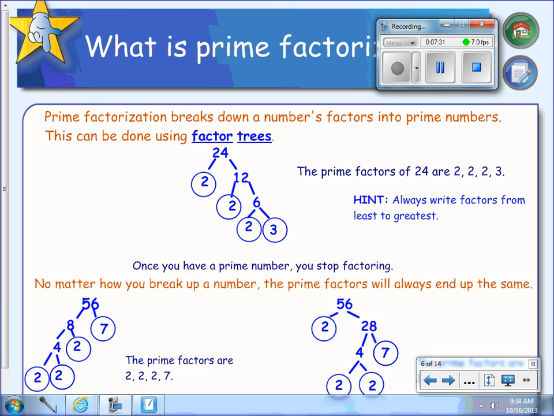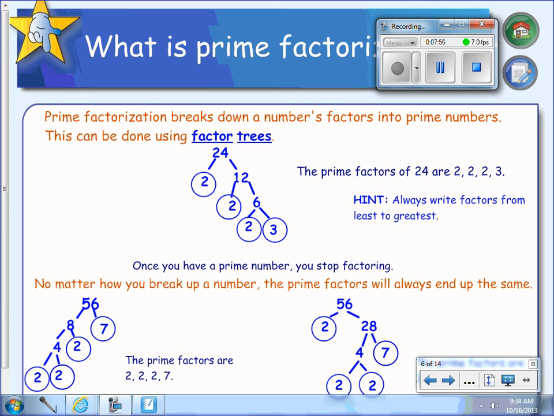So if you'll notice in 24, 2 times 12 is 24. I circled the 2 because it's a prime number. 12 is not a prime number, so I need to factor it out with prime numbers. 2 times 6. I circled the 2 because it's a prime number, but then I need to factor out the 6 again. 6 factors are 2 and 3.